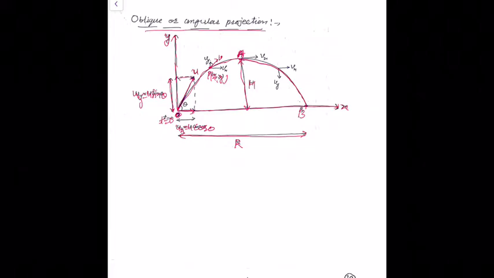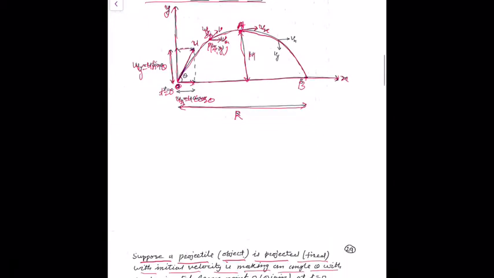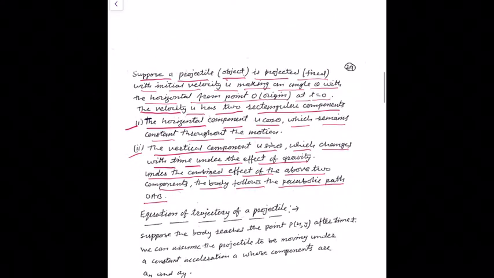Okay, here velocity is v. Velocity at point P resolve in two parts. First part vx horizontal component and vertical component vy. Okay, vy decreases, and at the highest point A, vy is equal to 0, and here only vx.